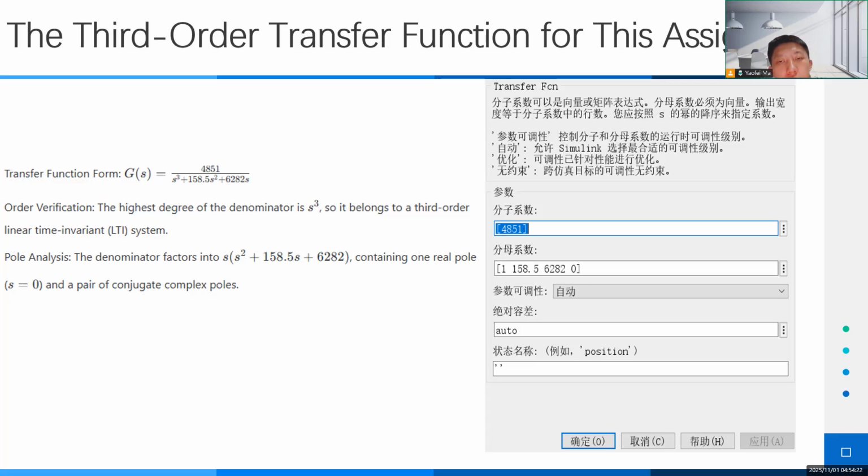Since the denominator is this, Simulink uses these coefficients to run the model, so inputting them accurately is very important.